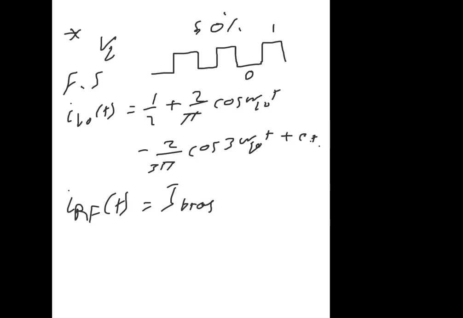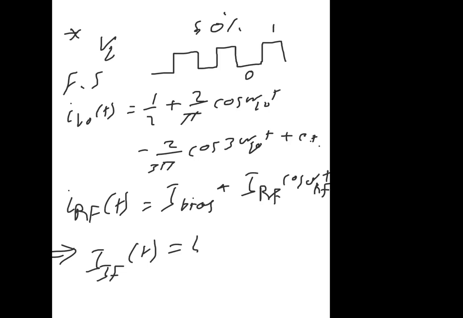It is a DC or I bias plus IRF with a cosine omega RF of T. So now the intermediate frequency current is equal I local oscillator of T في IRF of T. Okay, and this is giving us what?